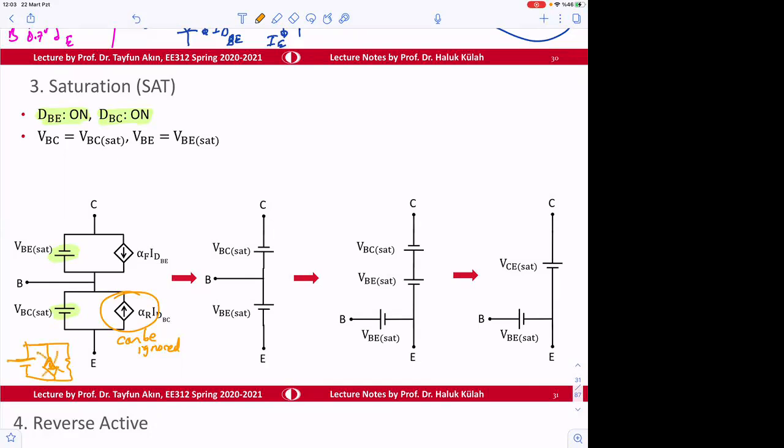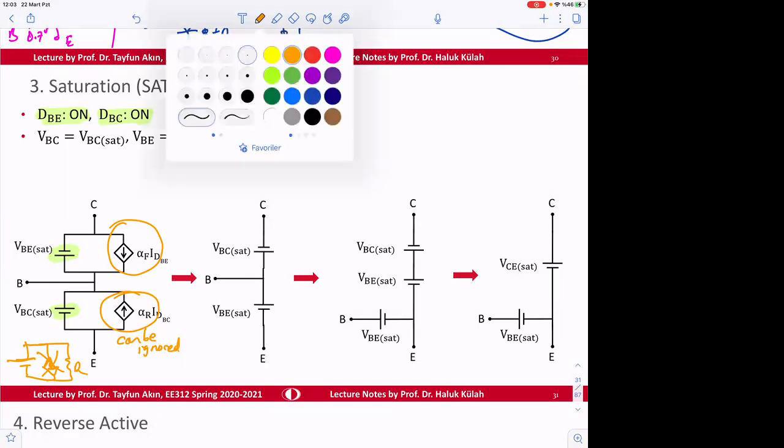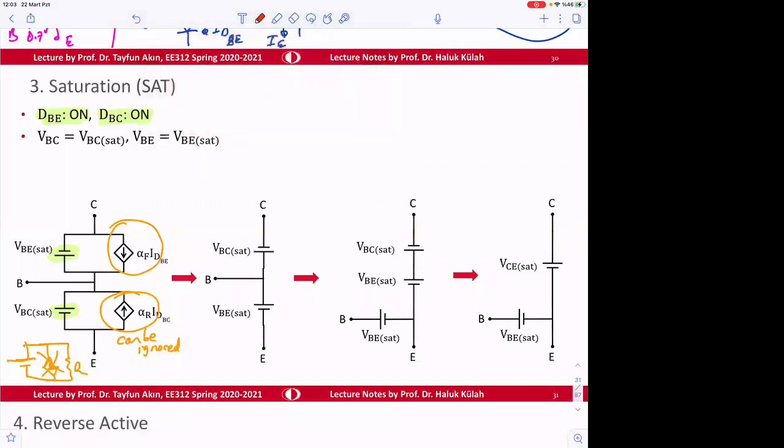This can be ignored. And here also this can be ignored. So therefore, our model reduces to this. A voltage only.